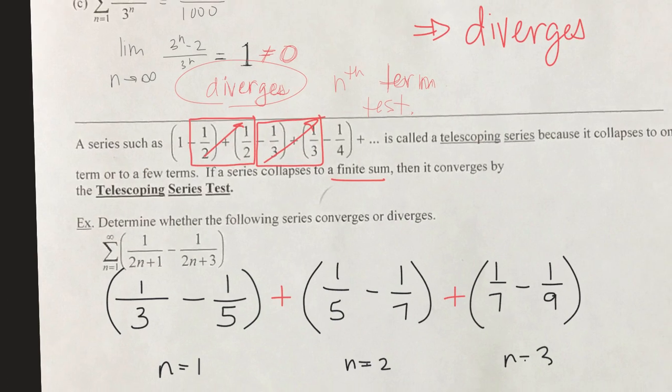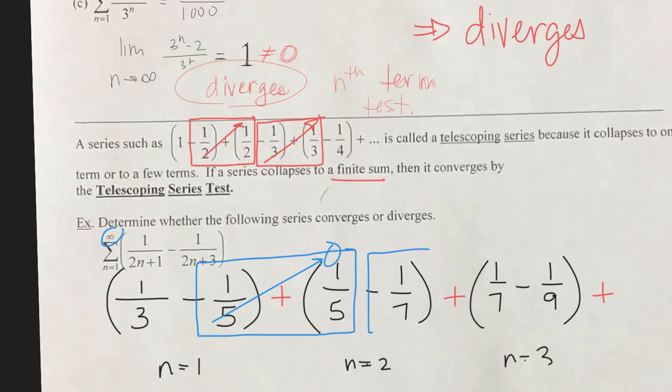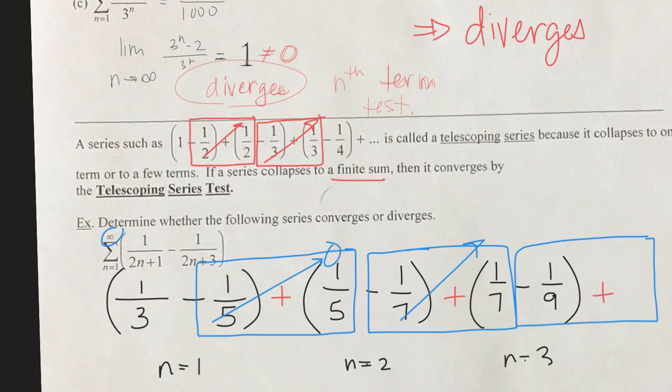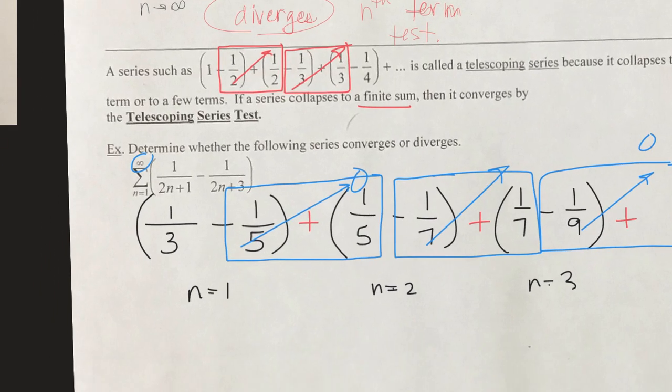Notice that if we keep going on and on, because it goes to infinity, the minus 1/5 and the positive 1/5 give you 0, the minus 1/7 and positive 1/7 give you 0, the minus 1/9 and positive 1/9 give you 0, and it goes on and on.